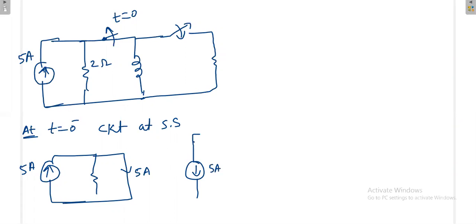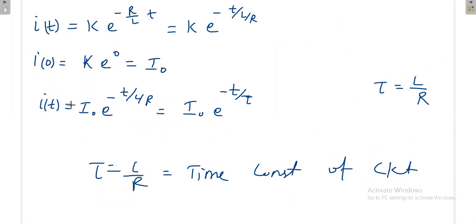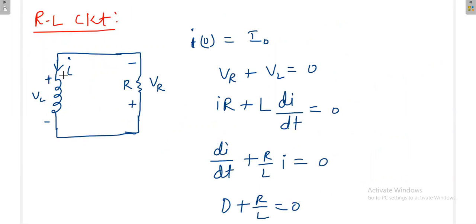Now you have closed the switch, then it will go like this. Initially the current is flowing like this. Once you open this switch and close the other switch, the current will flow in this direction. Really the current is flowing in this direction only. In the problem also we have assumed that the current is going in this way, because then it will have some VL.